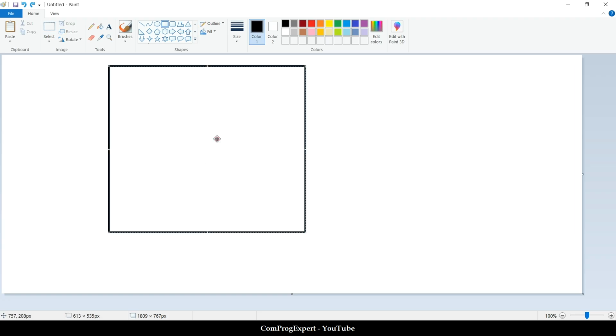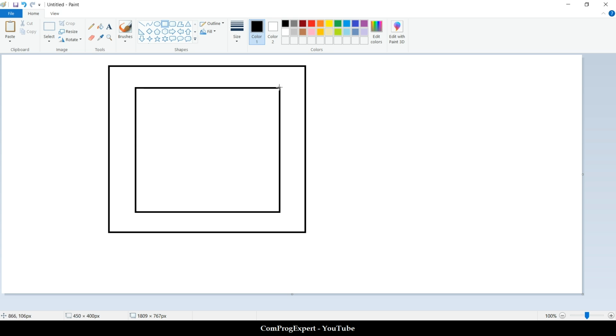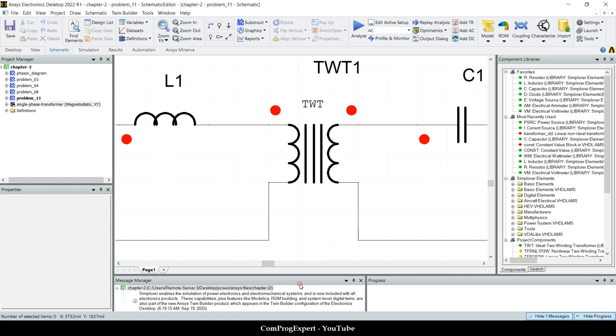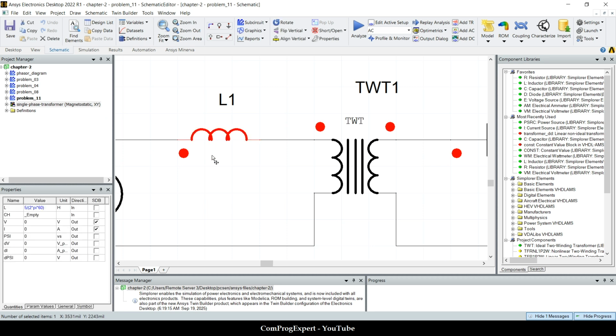Consider this core that has these two coils, primary and secondary. If I consider the dot point here for this coil as reference and this as I1, the current of coil 1 enters the element, similar to this one. Current enters the element.